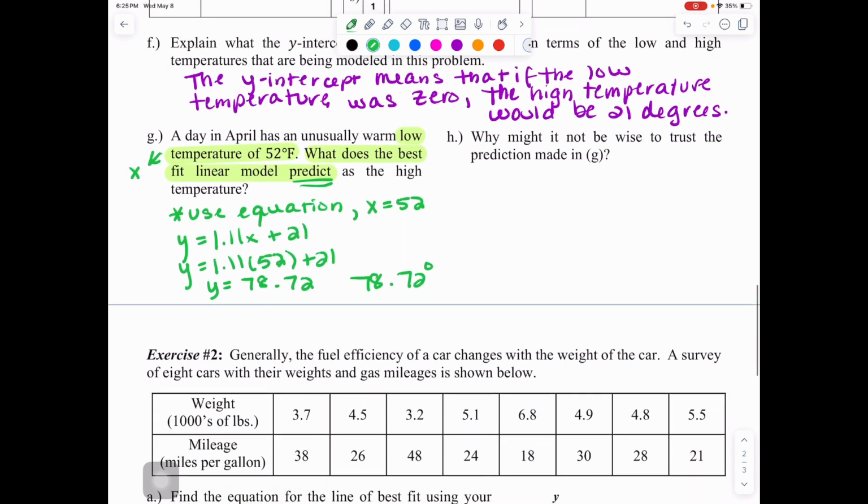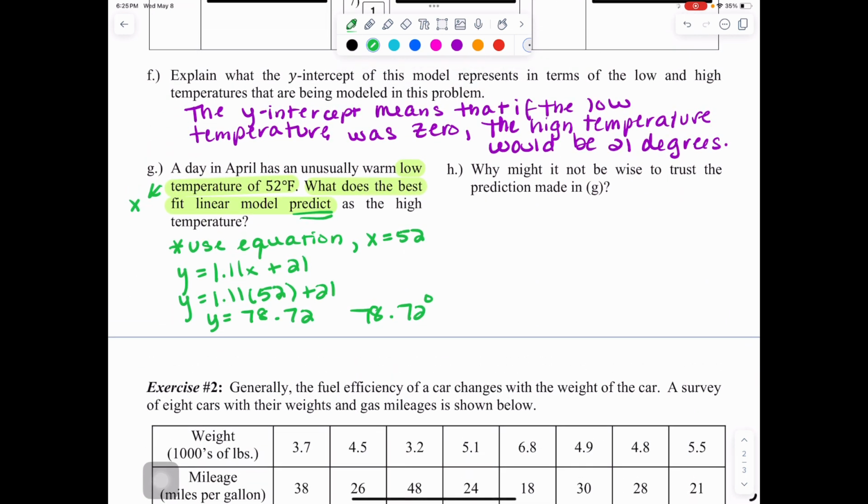So when it says, why might it not be wise to trust the prediction, we want to put 52 is not within the range of low temps used.